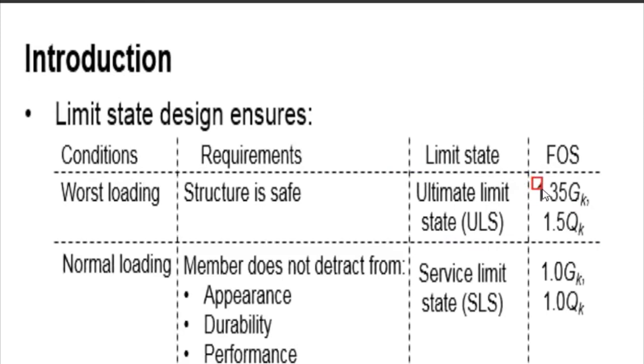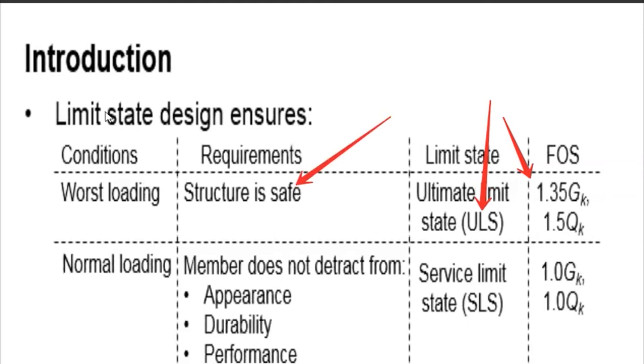But once you use the BS code, it is about 1.4 times the Gk and 1.6 times the Qk. So you can refer to the BS and do the comparison, and it depends on which code you use in your design. But under limit state, for the Eurocode it is 1.35 Gk and 1.5 Qk, and you can refer to the Eurocode under limit state design.